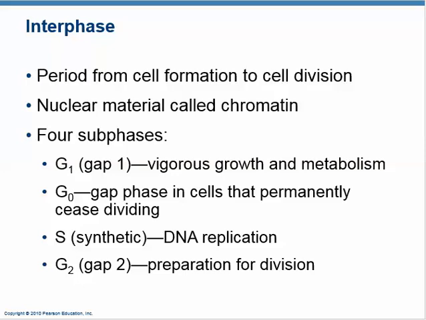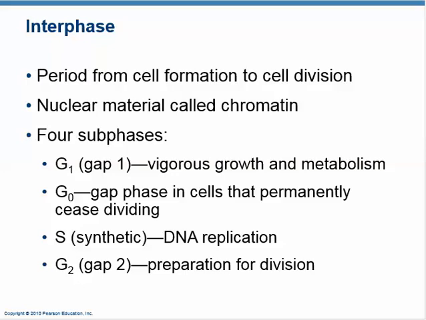And there are four subphases of interphase. Again, depending on the type of cell, but generally speaking, there are four types. So it's basically G1, S, and G2, or G0 if they permanently cease to divide.